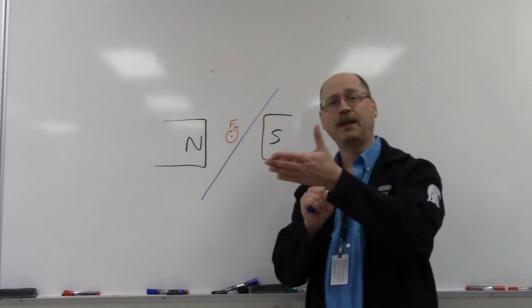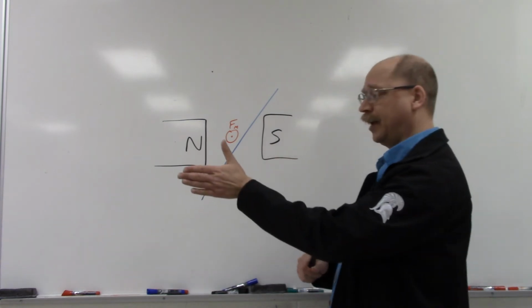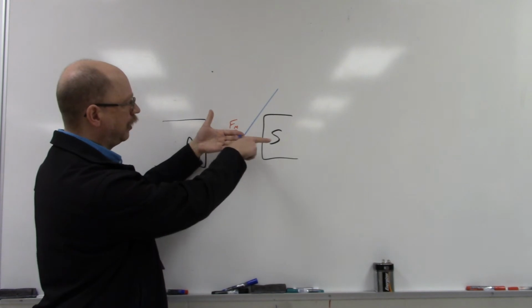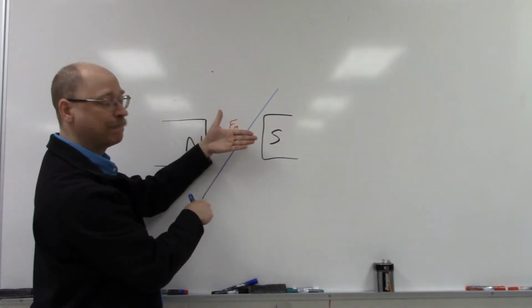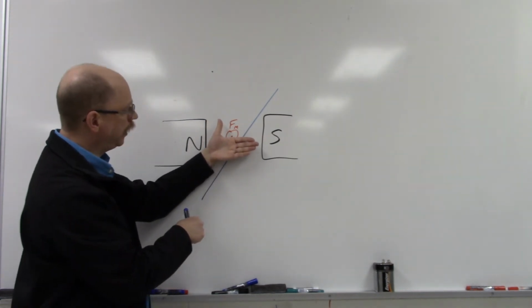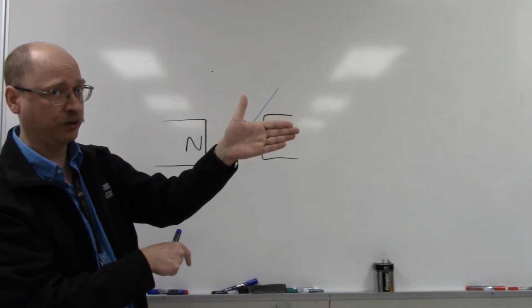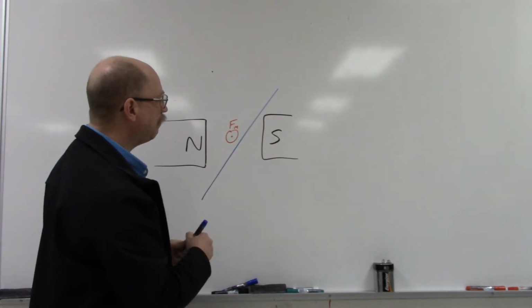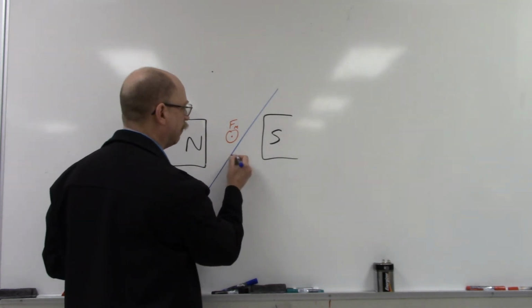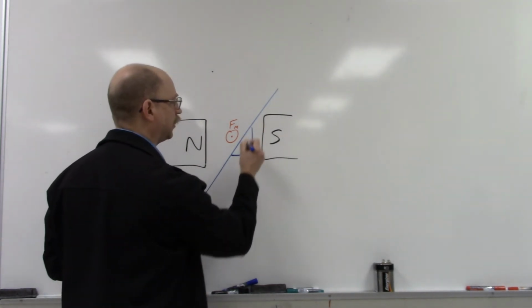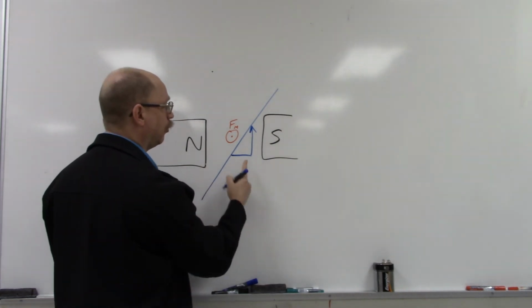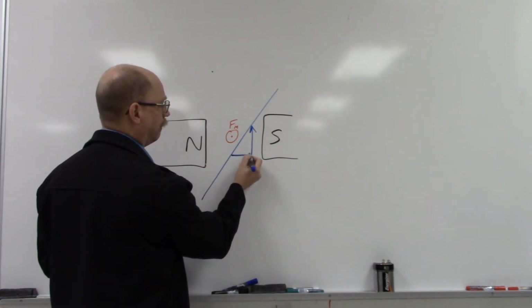So I'm using my left hand. I'm going to have to turn my hand so that my fingers point to south, okay? My palm is pushing out towards you, the direction of the force. My thumb is pointing up. So that means if I was looking at components of this, the y component would be pointing up, okay?